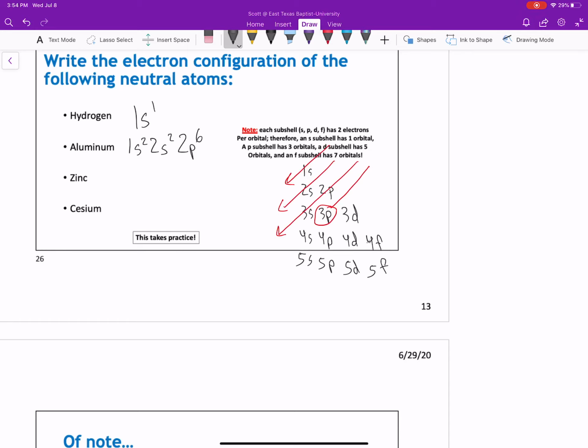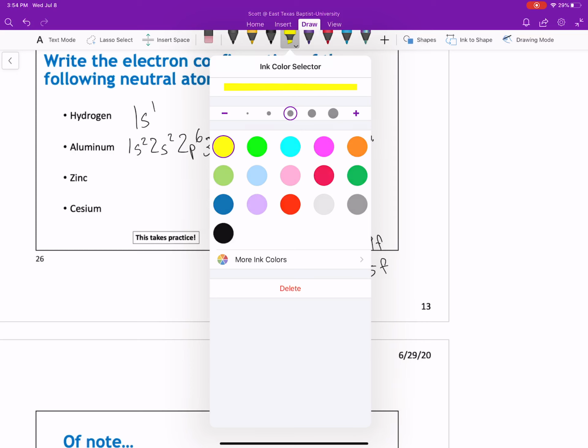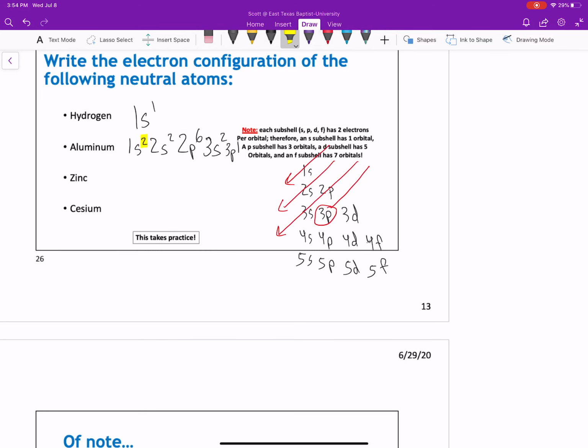And so we continue on past the 2p6 to the 3s2, and then we finished off with the 3p1. Okay, now let's tally up our electron count and make sure that this equals 13. So that's 2, 3, 4. 4 plus 6 is 10. 11, 12, 13. And so that is the correct configuration of aluminum.